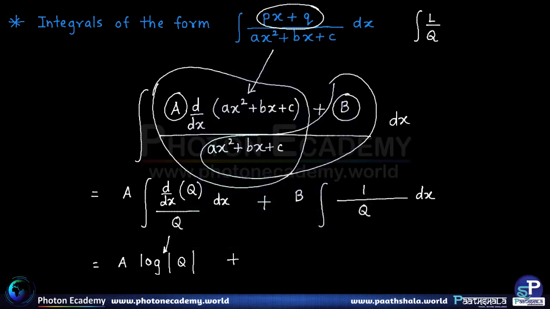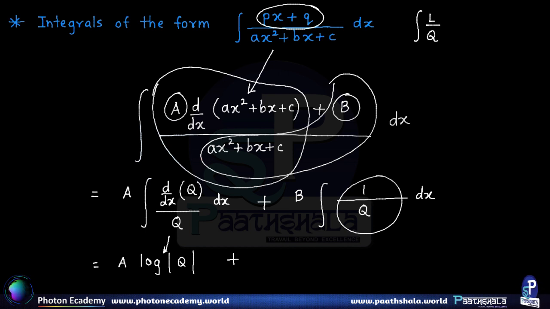And here we know how to integrate the function of the form 1 upon quadratic, which we have just seen, and we have to complete the square in the denominator and integrate. So in this form what we have to remember is we have to express the numerator as a into derivative of denominator plus some constant b. Alright, so let us solve one question based on this so that this procedure will be clear.